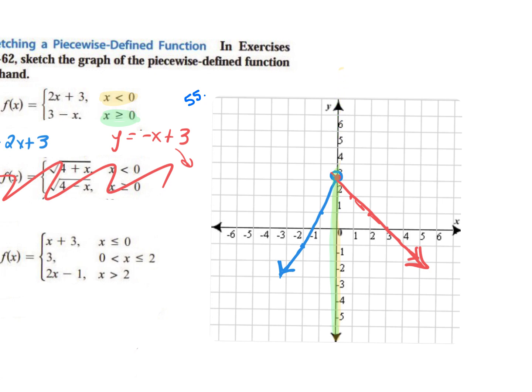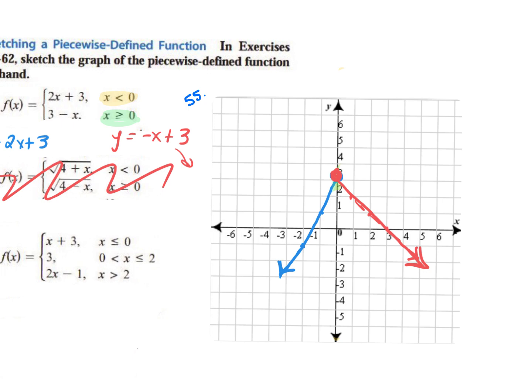And then what kind of a dot should I have here on my red piece? A closed dot. Why? It is equal to. So now somebody might ask, well, wait a second. How do you know if it's supposed to be open or closed? Guys, follow the rules. In this case, you have an open dot on the blue line, but you have a closed dot on the red line.